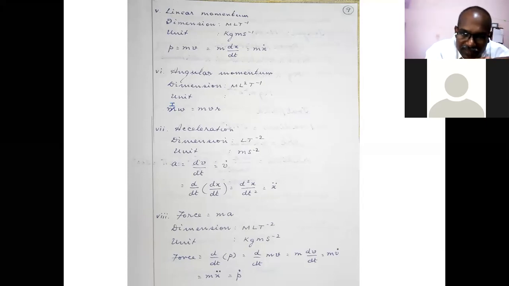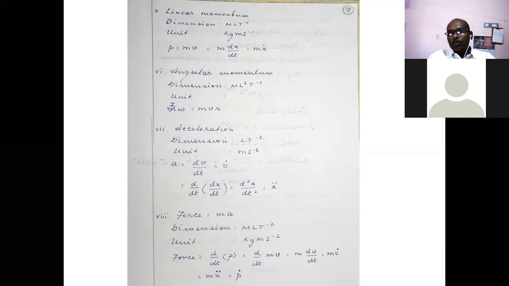Therefore, the moment of inertia will become a mass if you are able to know the radius of the curvature. So, radius of the curvature, mvr, and hence you are getting the dimension mass length square. Why this length square?